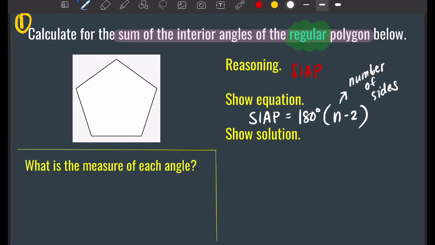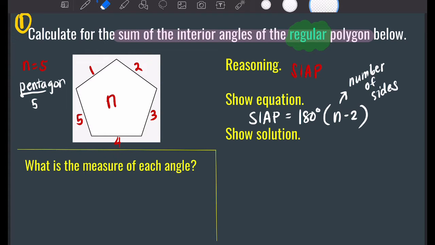What is n for this polygon? 1, 2, 3, 4, 5. It has 5 sides, so n equals 5. This shape is called a pentagon. Penta means 5. In the US, they have a building called the Pentagon, because it was shaped like a pentagon.